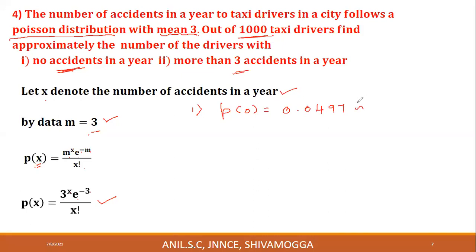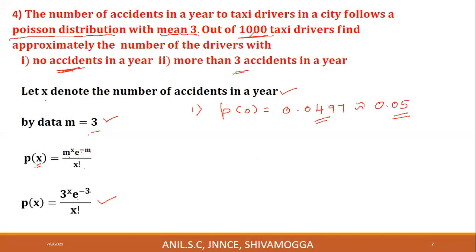0.0497. Since this is the number of accidents, it cannot take a fractional value. Therefore, this can be approximately 0.05, right? This is the probability of not having an accident in a year corresponding to each driver.